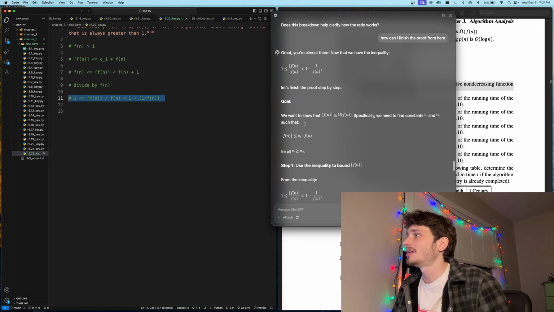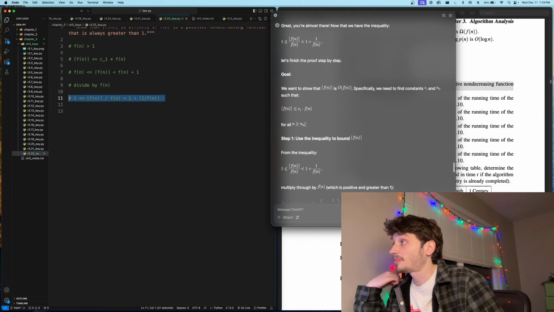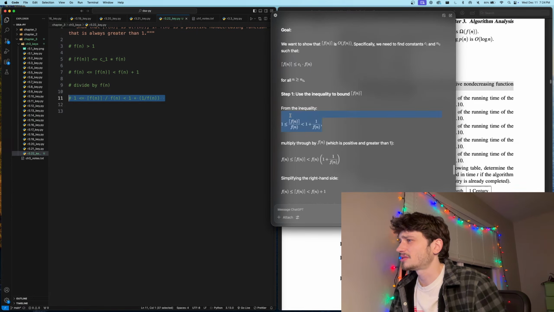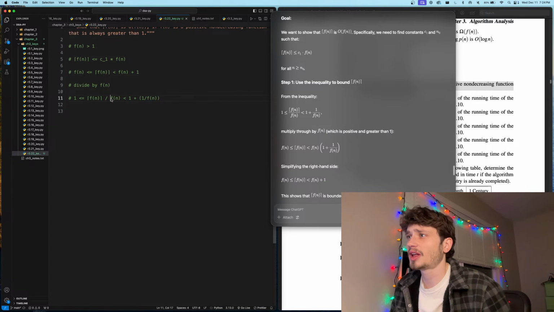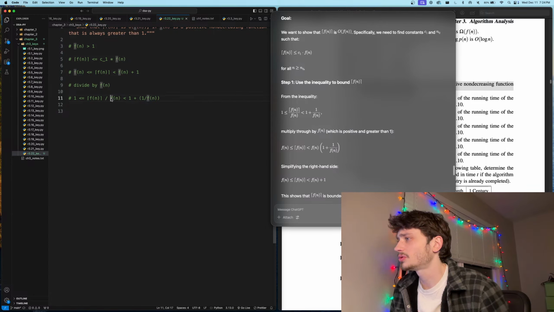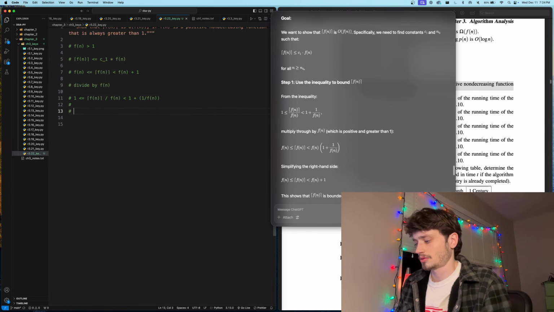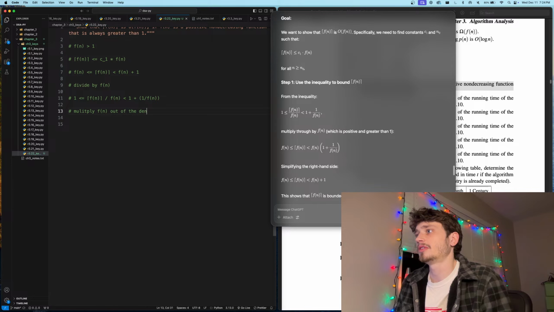Okay, so you're almost there. Now that we have the inequality, let's finish the proof step by step. We want to show that big O of f of n, right? We use the bound that we have here, our inequality. We multiply through by f of n. So we're going to multiply f of n back through in this stage. So multiply f of n out of the denominator.